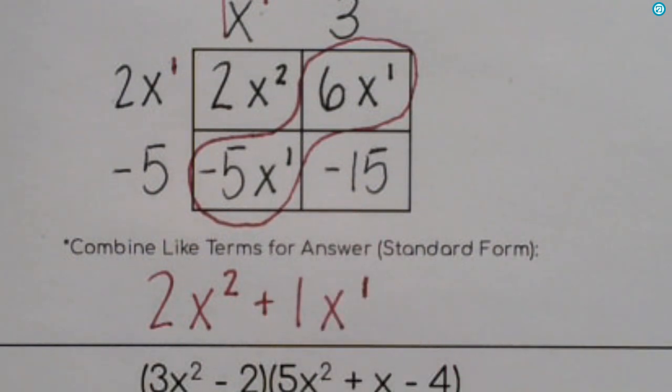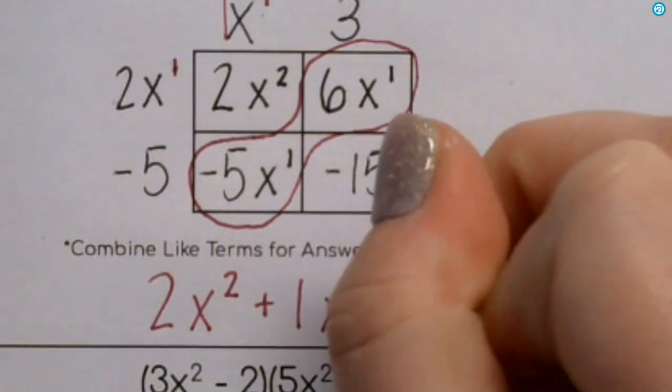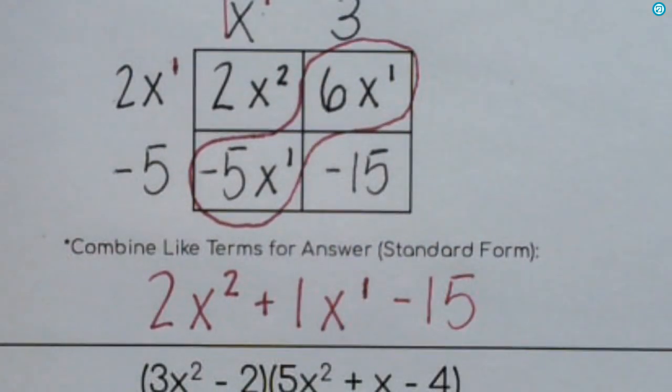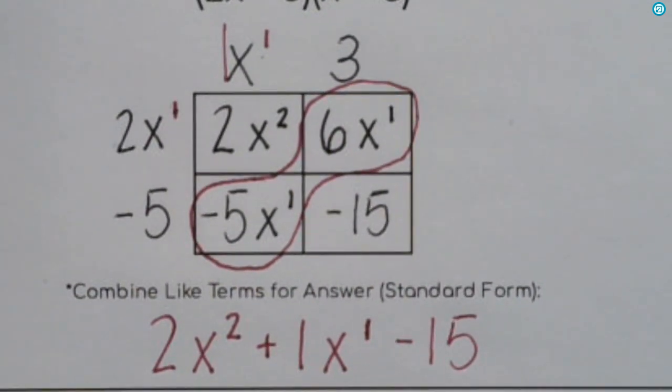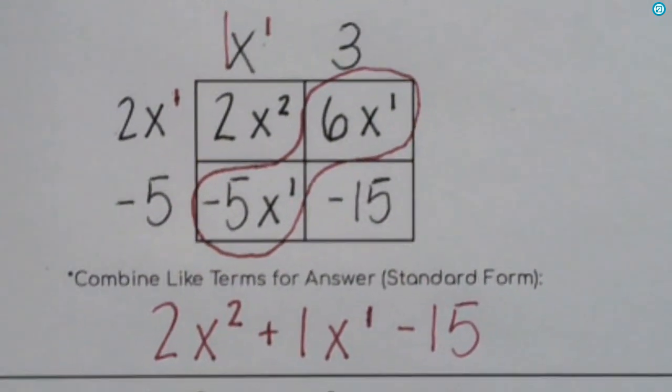And then my minus 15 stays by itself because there's nothing for it to combine with. Okay, any questions about this one? Okay, moving on to our next one then.